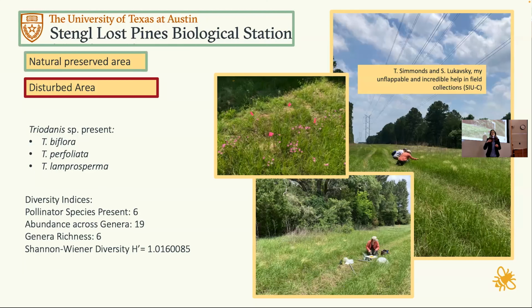And while we took a series of diversity indices, we just have some listed here, with abundance across genera and genera richness. And then we also have the Shannon-Wiener diversity index. This diversity index can fall on a scale of 1 to 5 and generally falls between 1.5 and 3.5. So you can see here that for this diversity, we're falling below the average at Stengel.